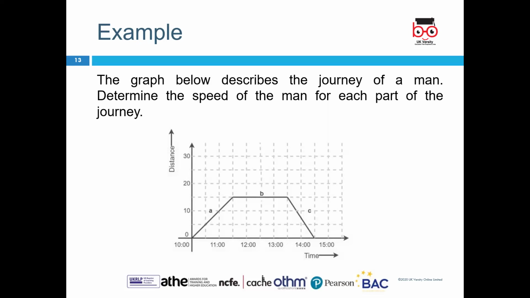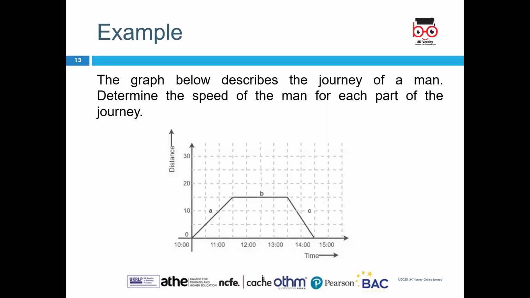And the distance is from 0 to 15, so it can be 15 meters or 15 kilometers. We will cover different aspects, which are A, B, and C. The object covers from 0 to say 15 meters. Let us assume it is meters.